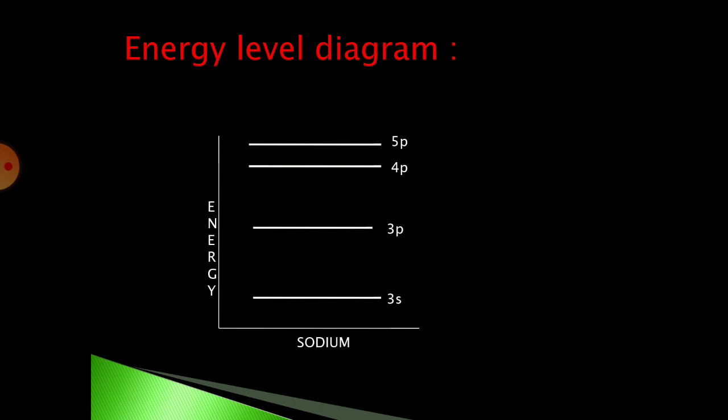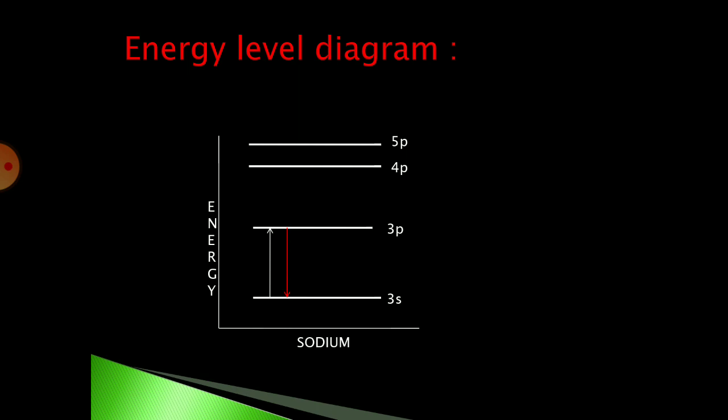What are the possible electronic transitions? The first possible transition is from 3s to 3p, meaning the electron gets excited from the 3s energy level to the 3p energy level. Then the electron comes back from the 3p energy level to the 3s energy level.